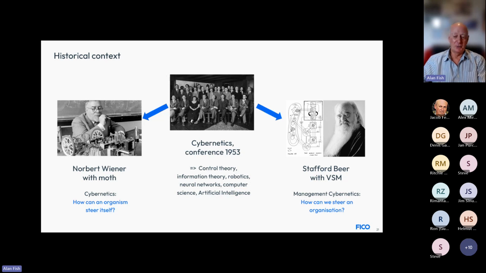So Stafford Beer thought of it as a way of giving everybody in an organization the maximum possible autonomy, so they have objectives, but they're not told how to achieve them.